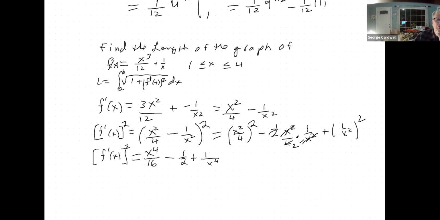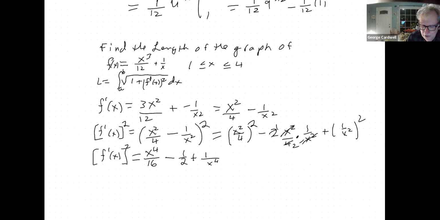Now remember, what I got to do to it is add 1, and I got to put it under square root. So it would behoove us to maybe rewrite this. So let's go ahead and do this subtraction addition with a common denominator. Okay.